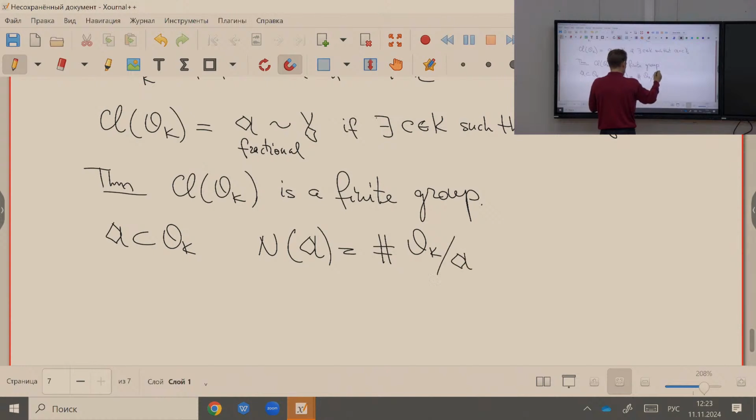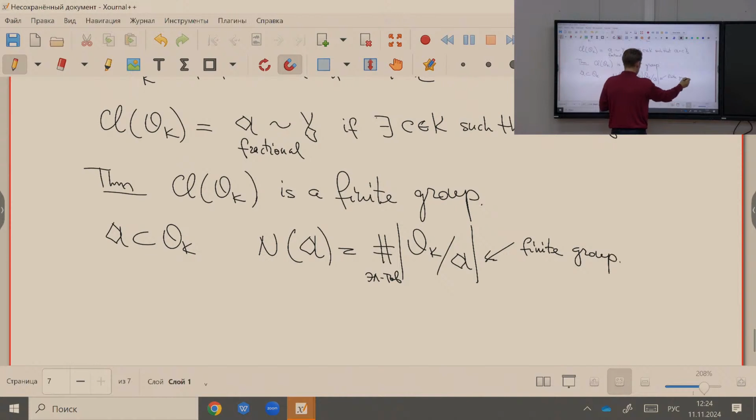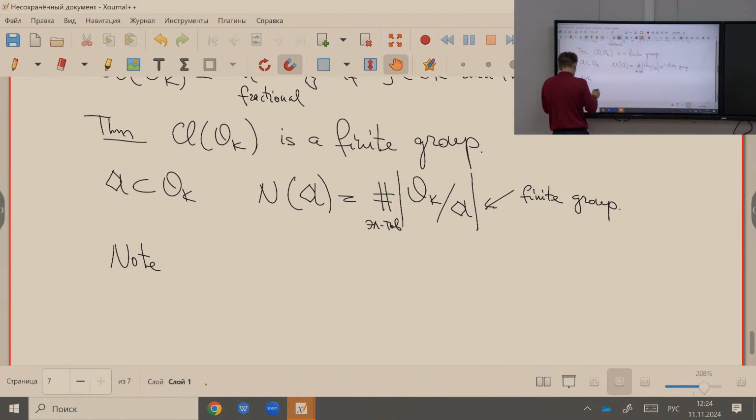We have noticed that it is a finite group, so we can introduce the number of elements in it. Notice that we have the following formula for the norm, and we have two observations: if we introduce the norm of the element as the determinant of multiplication.